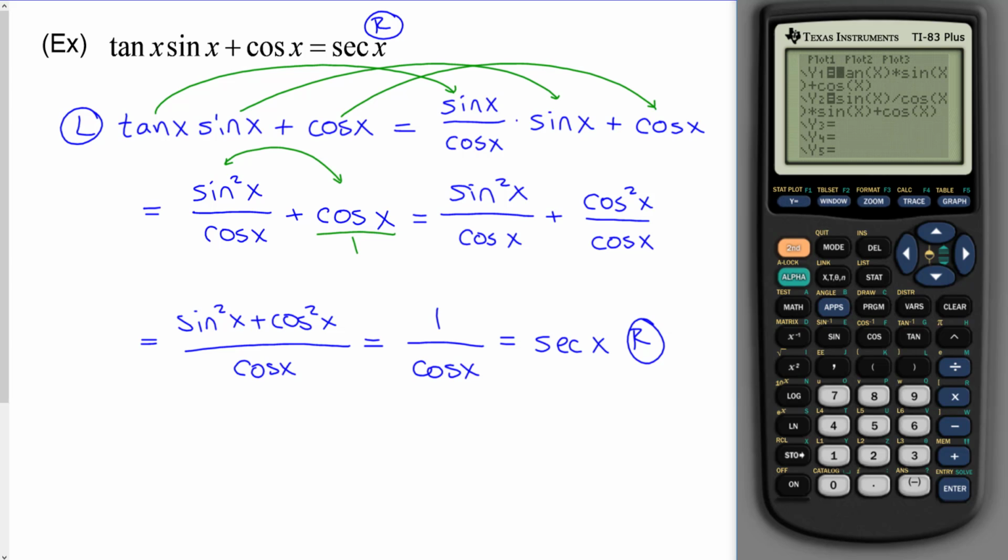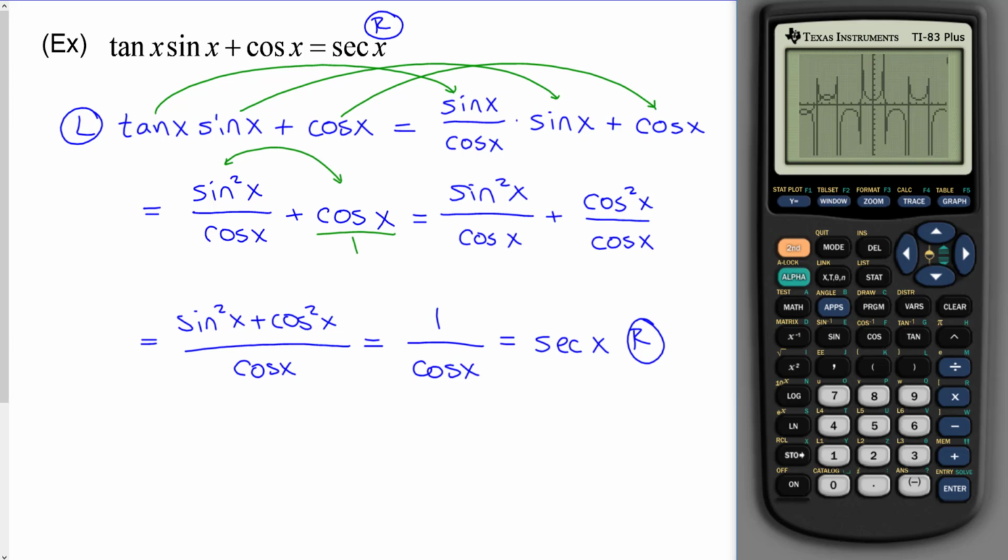So if you had, for instance, chosen cosine over sine instead of sine over cosine, graph that. Here's the left-hand side of the equation. Give it a moment to graph that in. And here's the right-hand side.